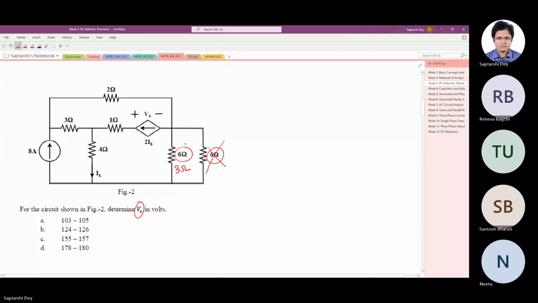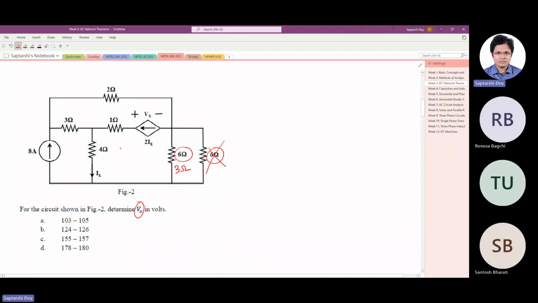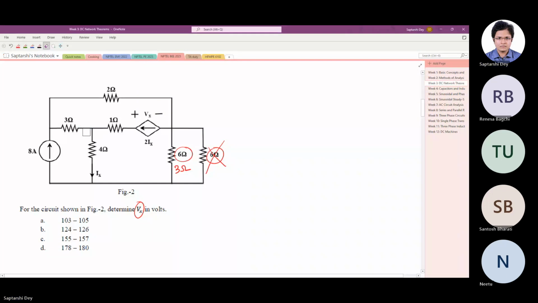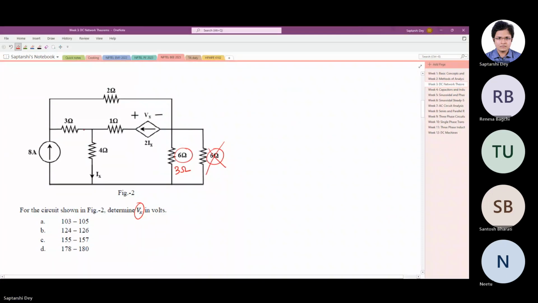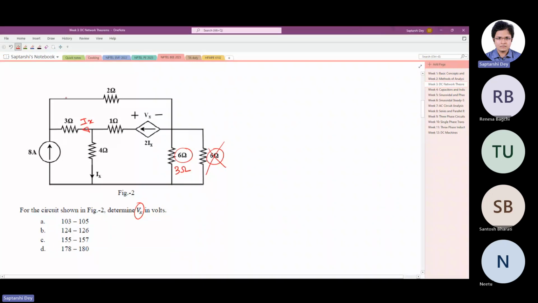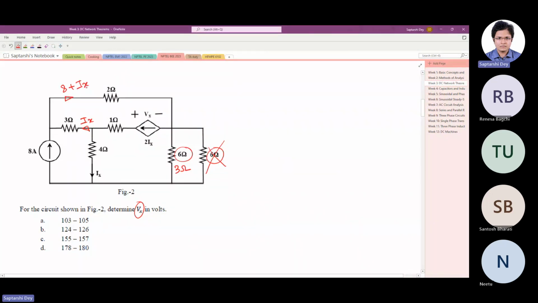Now let us see how much we can do first without writing equations. So 2Ix current is coming and Ix goes away, so Ix current flows in this branch. Ix flows and 8 ampere gets added to Ix, so 8 plus Ix flows here, here, here also.